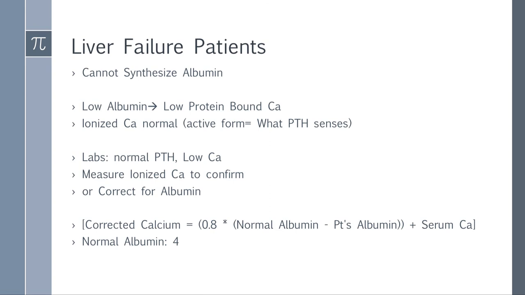So it's going to be 8.8. So that's how we think about it. If your albumin is 2, you add another 0.8 to 8.8, so you have 9.6. So essentially you have normal calcium, but you could have low albumin. So for every 1 you go below 4 for your albumin, just add 0.8 to your calcium number.